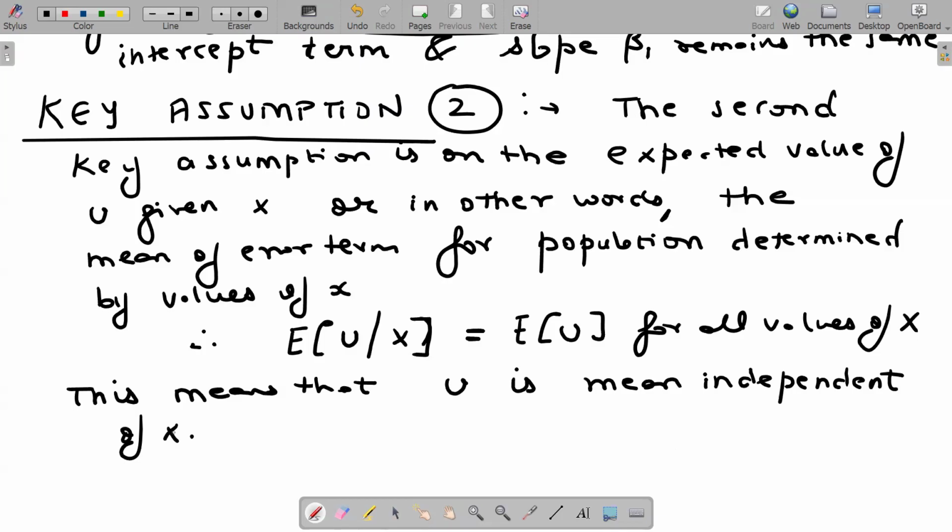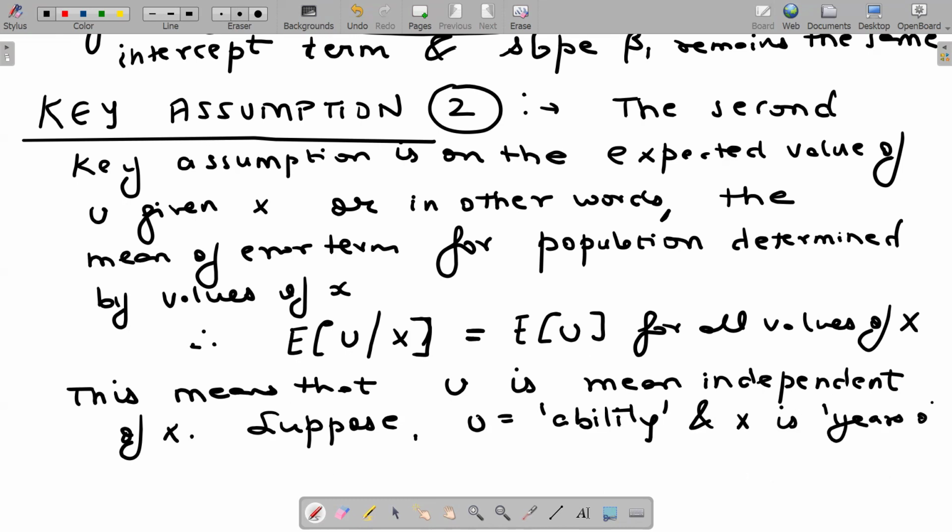For example, to understand this, let's take an example. Suppose my error term u denotes the ability of a student. And let's say, hypothetically, x denotes the years of education. Let me be consistent with the book only.